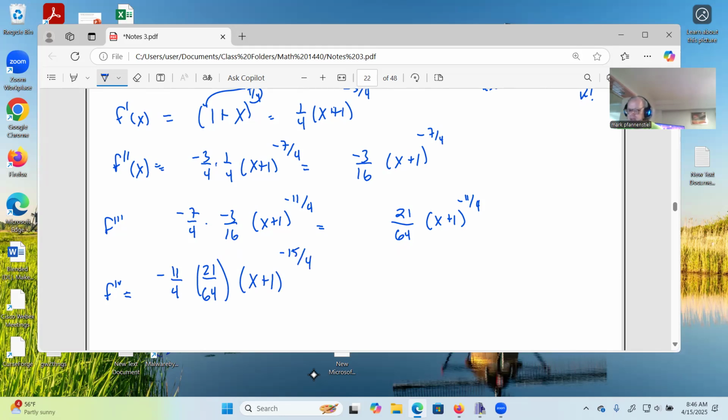Let's double check 11 times 21. I got 231, so this is equal to negative 231, and then 4 times 64 is 256, over which we have x plus 1 raised to the negative 15 over 4.